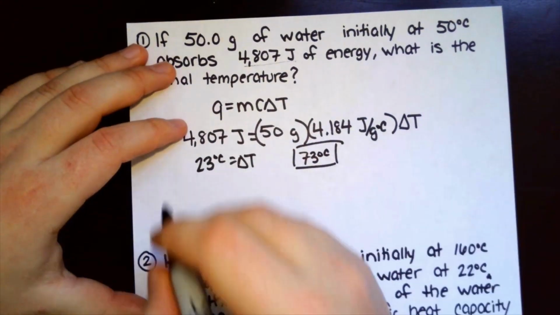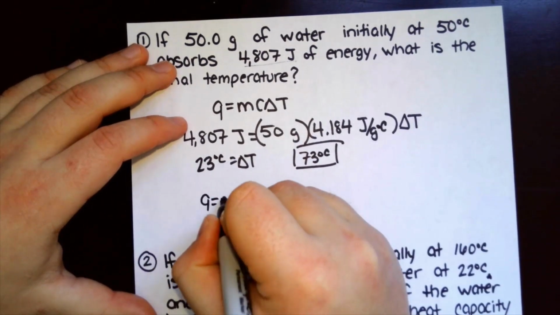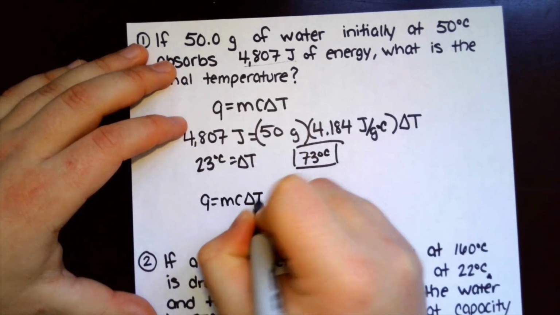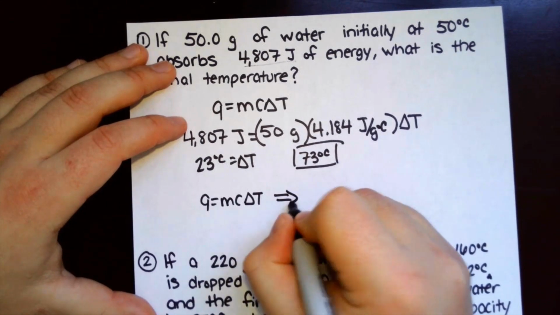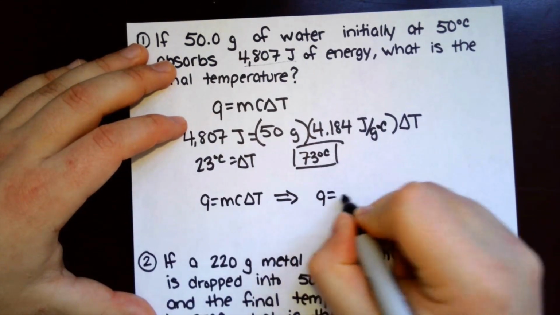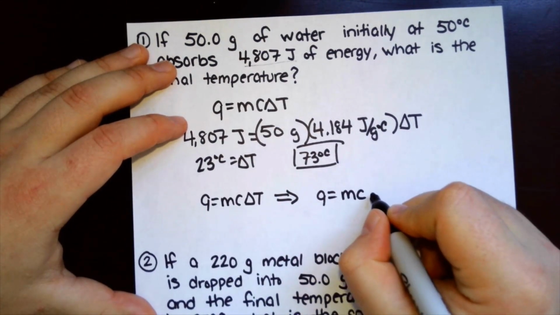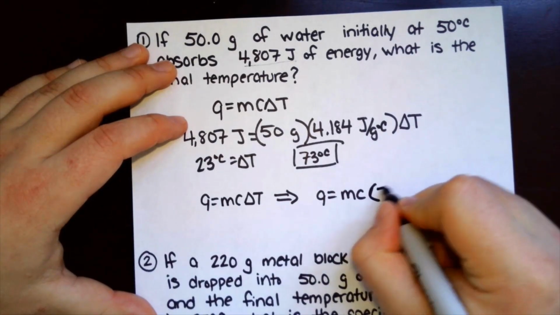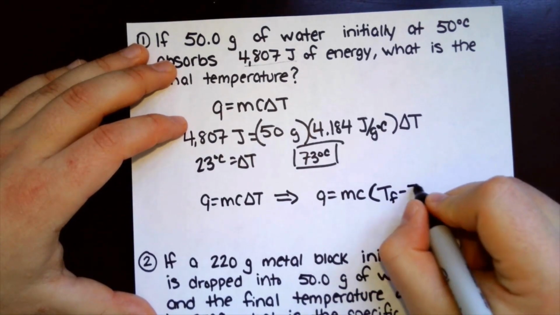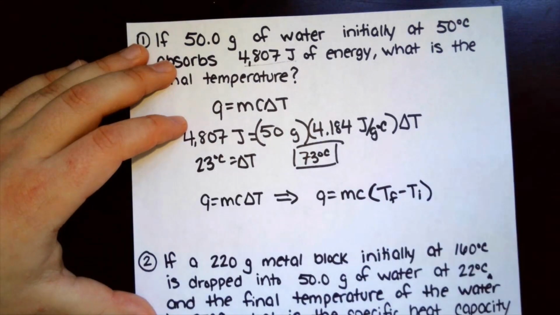Or what you could say is this: Q equals mc delta T to start again, and delta T can be rewritten as the final temperature minus the initial temperature.